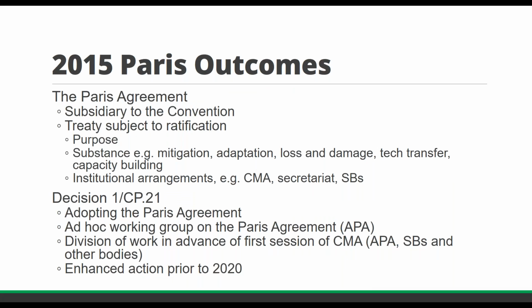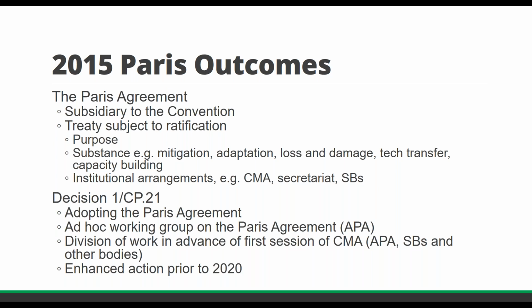So just quickly on the 2015 Paris outcomes, this is just an overview of what actually, in terms of documentation, came out of Paris. You had the Paris Agreement itself, which as shown above is subsidiary to the convention.